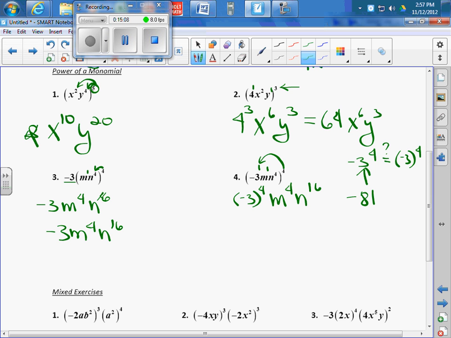If you use the parentheses, put it around the negative 3, and then raise that to the fourth power, we would get positive 81. Those two are not equal. And so negative 3 in parentheses raised to the fourth power is positive 81. So your final answer would be 81 m to the fourth n to the 16th.